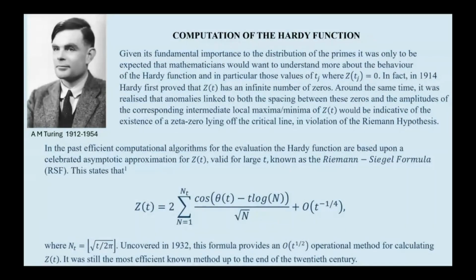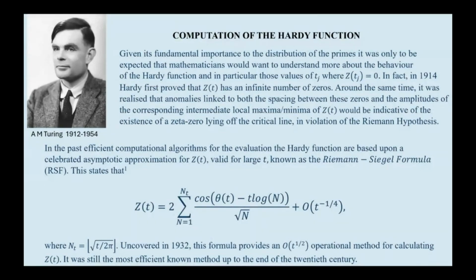This was essentially an analog machine for computing, adding up sines and cosines. And he realized that he could devise a similar type of analog machine to do this kind of computation for large values of t. He even got a grant of £40 in 1939 to build this thing.